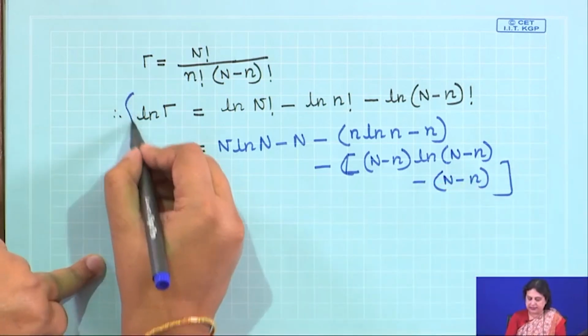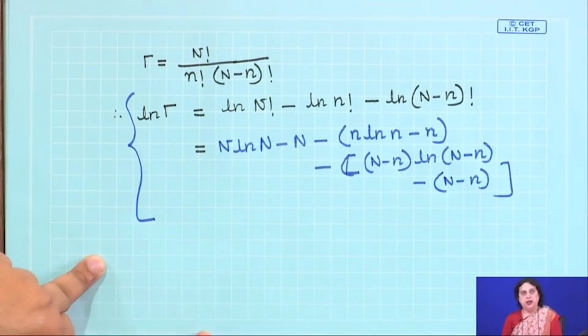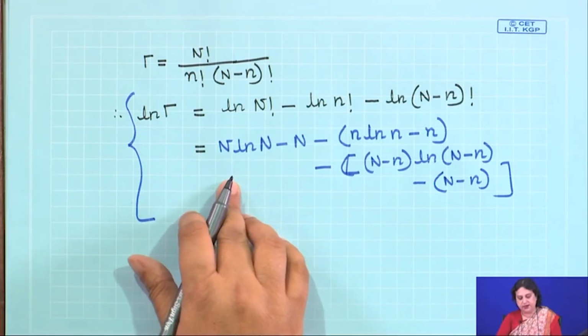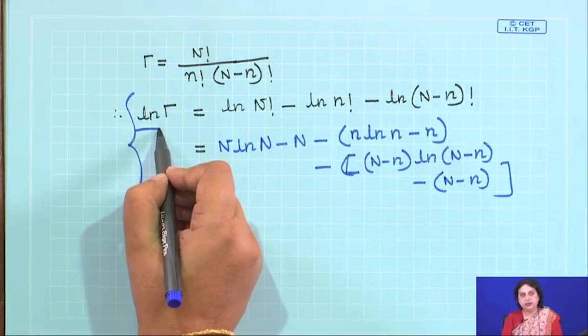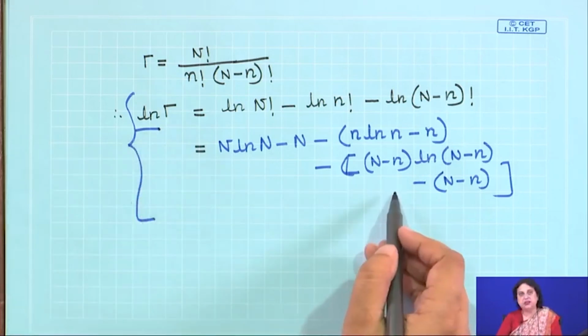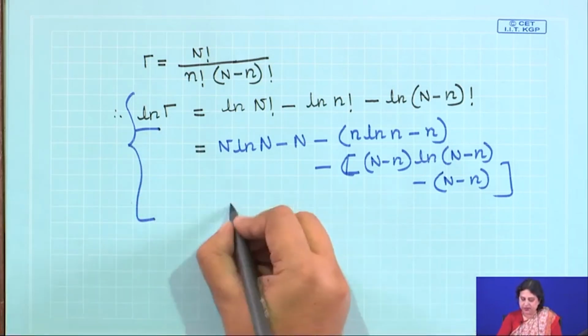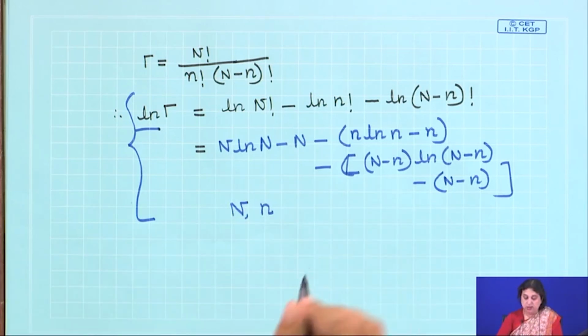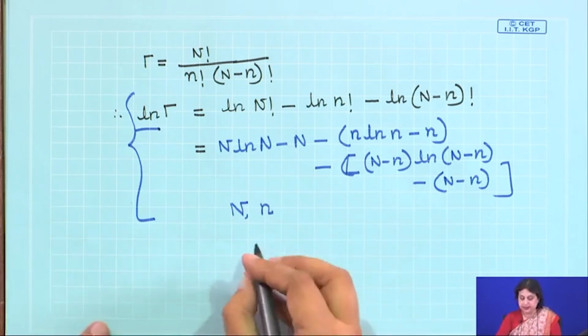Now, you can do the algebra here very easily, and you will be able to write down ln gamma in terms of a very simple algebraic relationship involving capital N and small n. But you do know what small n is.